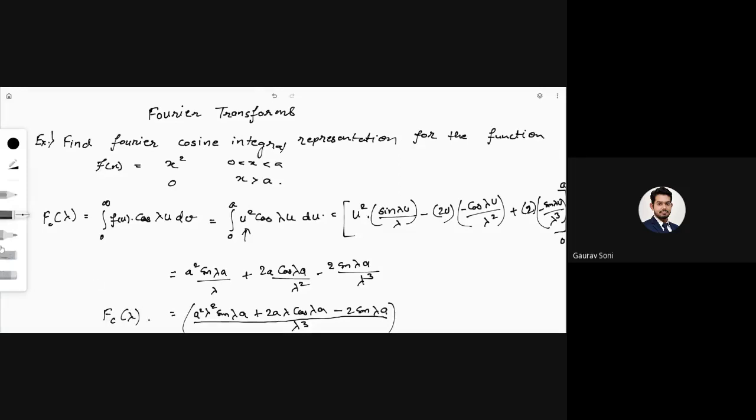Now, to give the Fourier cosine integral representation, what we have to do is we just have to put this value Fc of lambda in the inverse Fourier cosine transform formula.